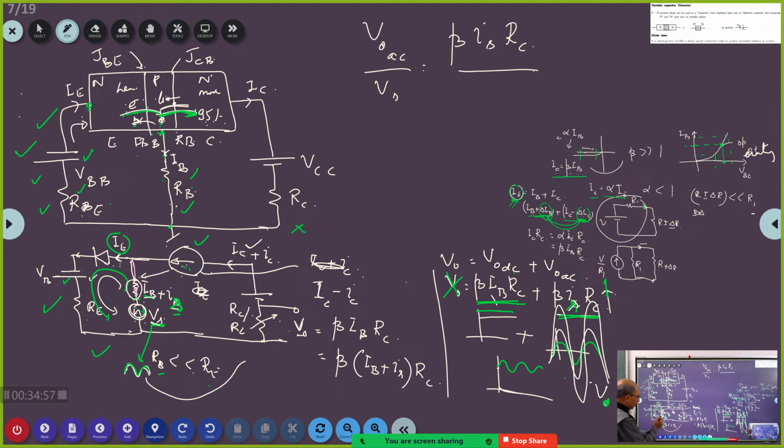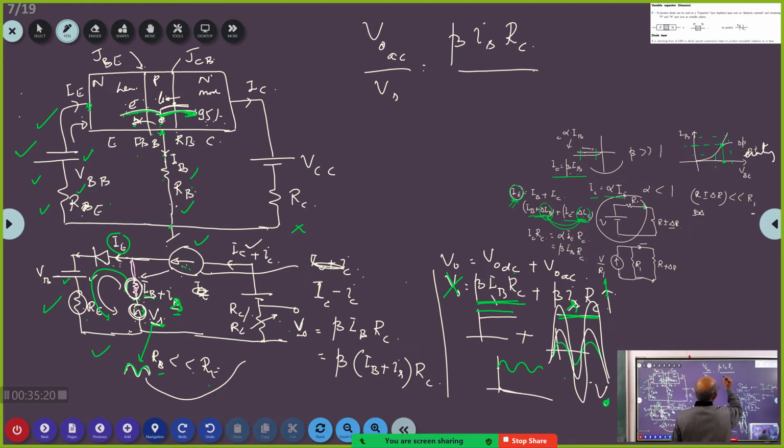So that will drop across this and also this. Because of here there is a current. That current will be dropped across this, plus it will be dropped across this. Correct? Now, I can take one of these ratios, but I will take both of them.